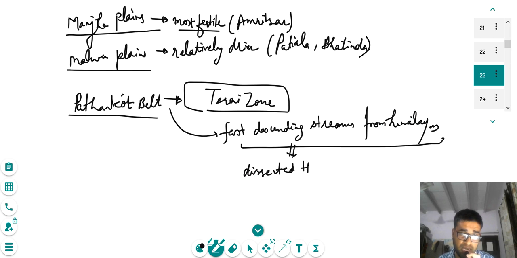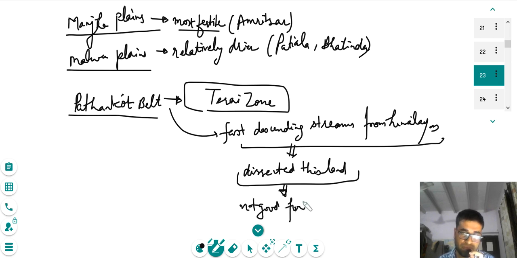Because of this dissection, this land has become not good for agriculture and cultivation, right?